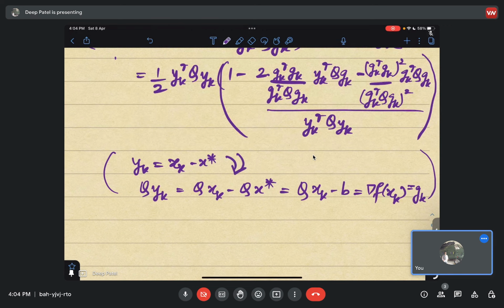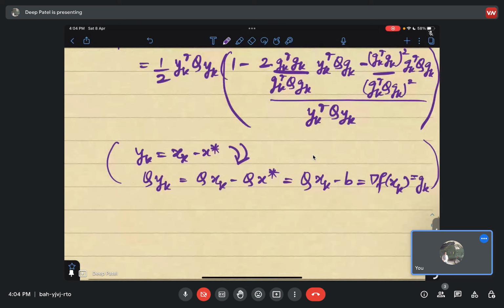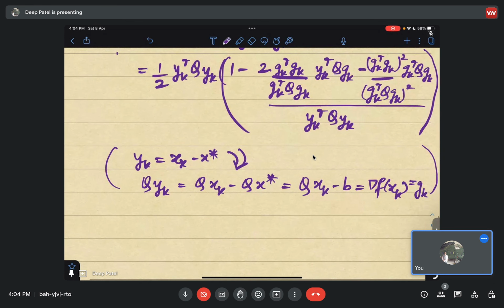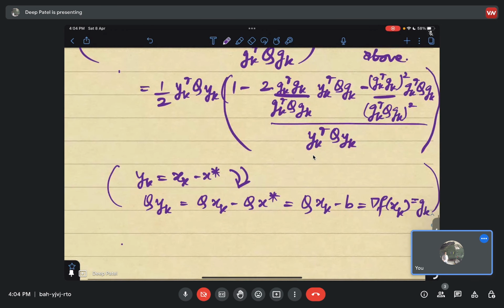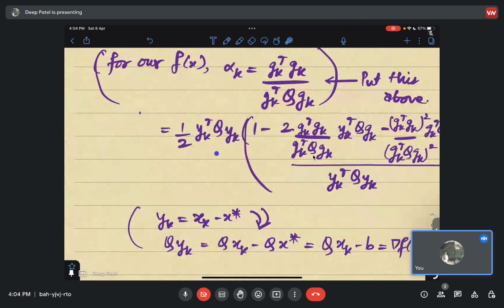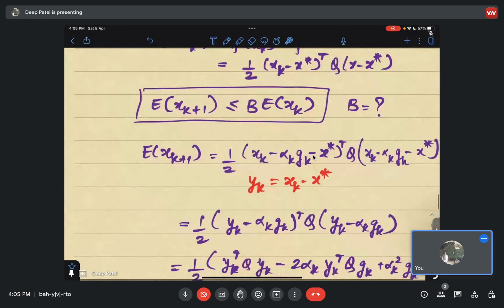Okay. Where is that term? Anyway, let me continue to simplify, and you'll see how these things are being used. By the way, what is this by our definition?